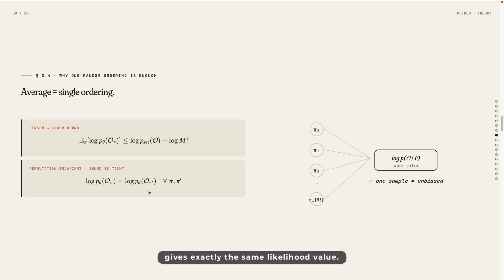That means the lower bound becomes tight. So one ordering's likelihood equals the average equals the true set likelihood, which makes one random permutation an unbiased gradient estimator. That's the heart of the paper.